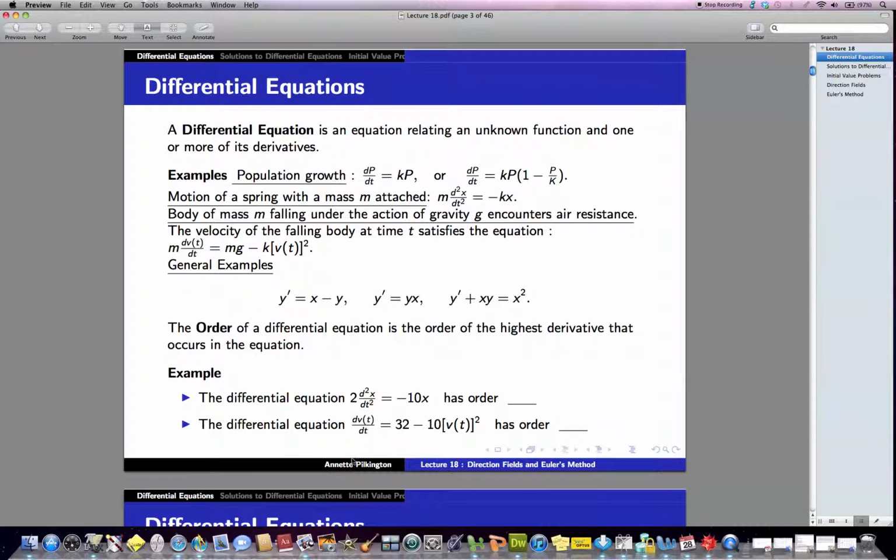On the other hand, in this equation, even though v of t itself is squared, this equation relates the function v and its derivatives, and v is a function of t. The order of the highest derivative in this equation is 1, and therefore the equation is a first-order differential equation.